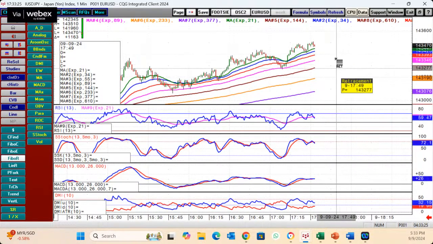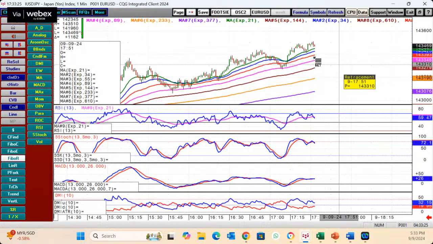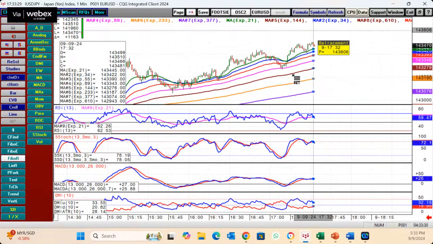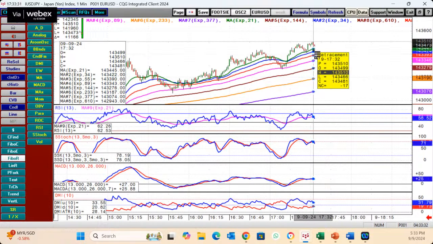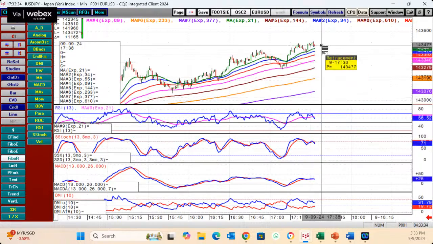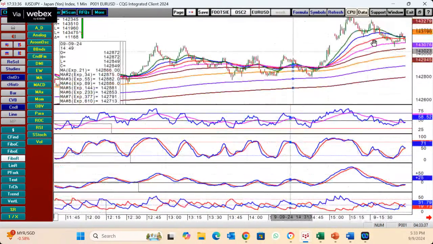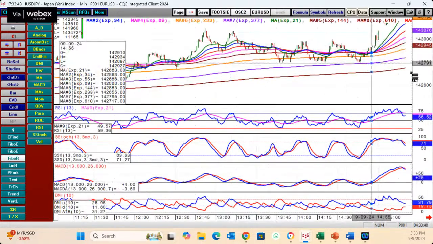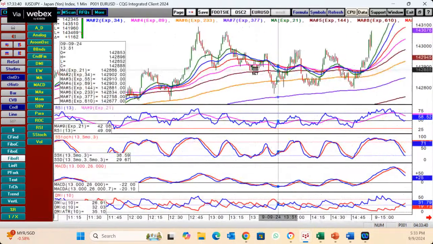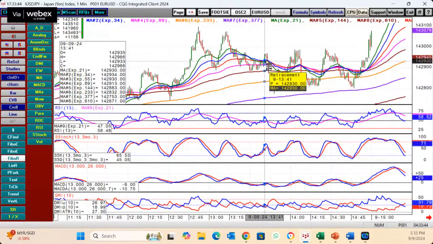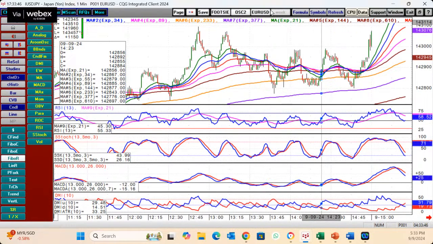The next thing is you only close your trade when you see the price moving below the moving average and the moving average crossover turn. What do I mean by that? That means we should be getting something like this signal here. Then we are wrong, and we have to close the trade.